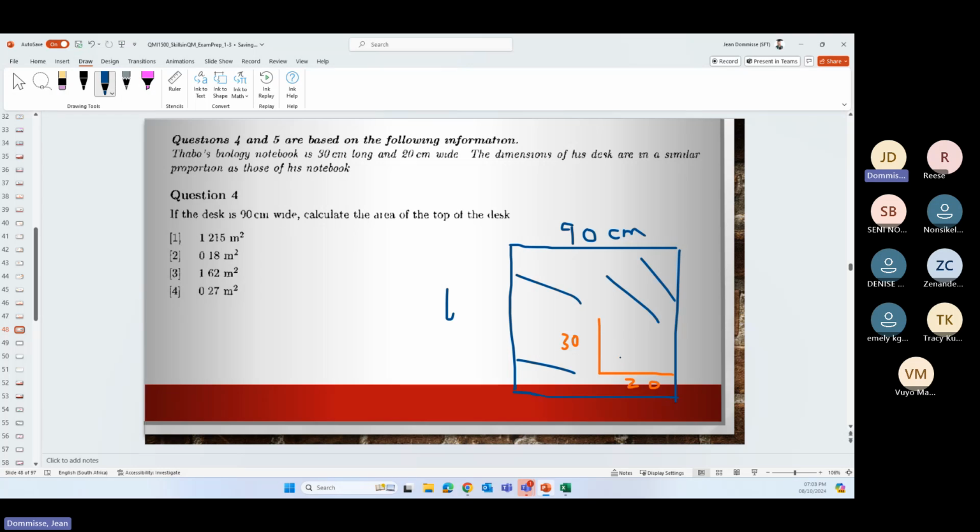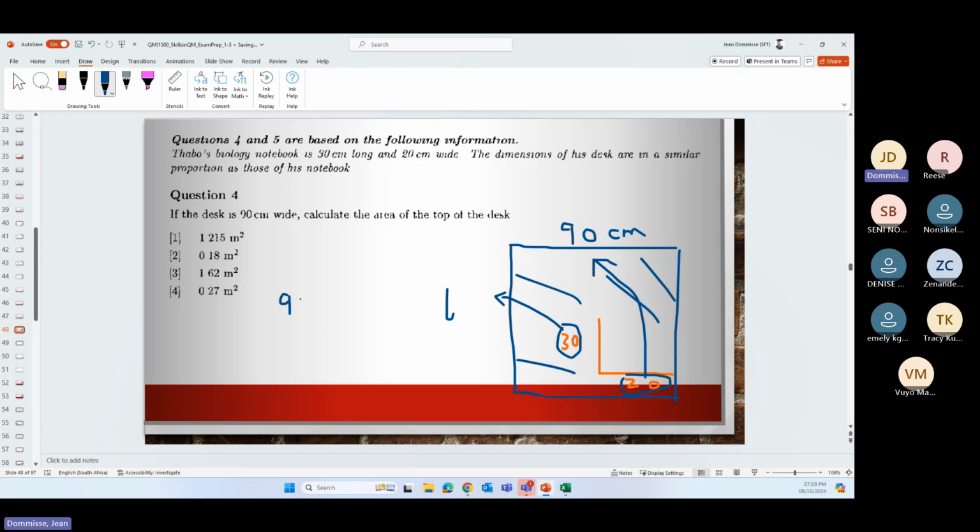Okay, so first, and this is quite a question again, because first we need to work out the ratio. So 20 to 90 must be the same as 30 to what? So that's the first thing that we need to work out.